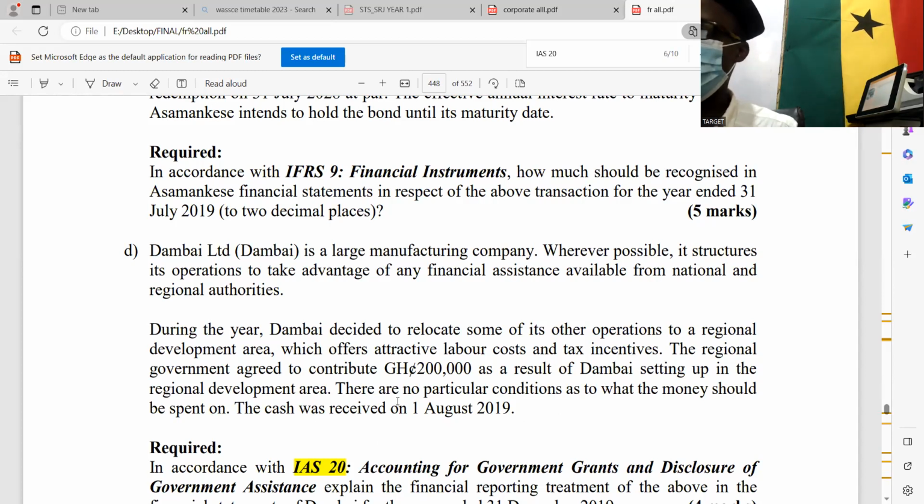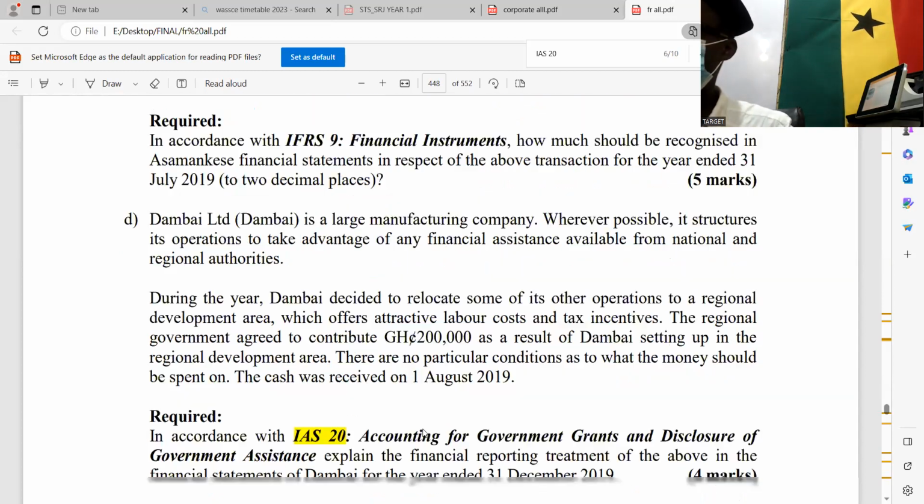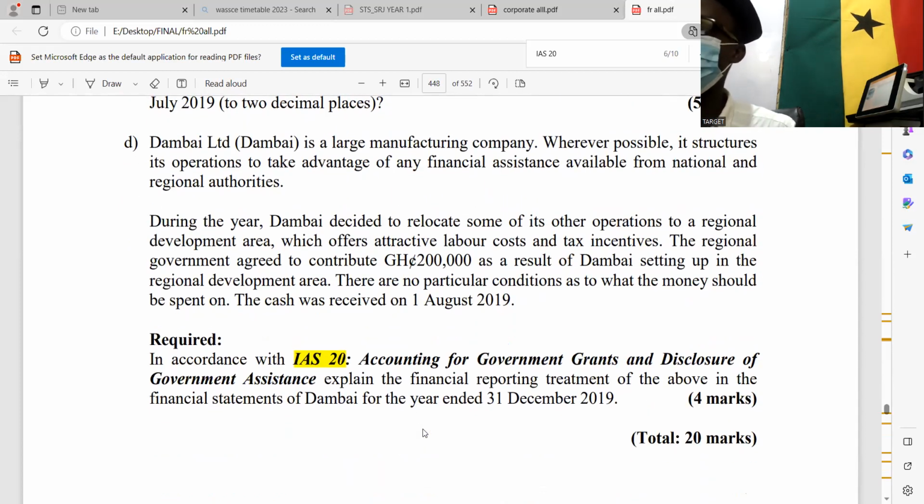The cash was received on 1st of August 2019. Explain how the financial statements should treat the above in relation to IAS 20. Is it a capital grant or a revenue grant? Setting up a company, capital grant or revenue grant? This is a financial reporting question.